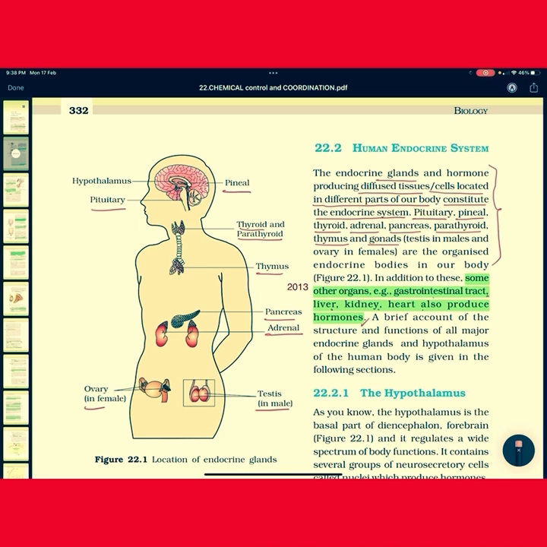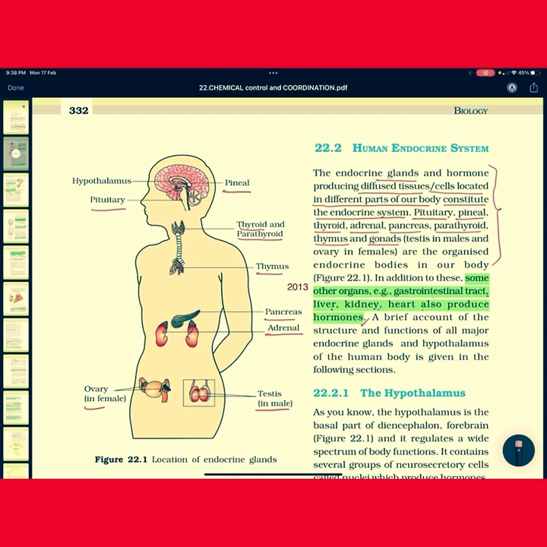So the kidney performs filtration of the blood and nitrogenous waste, as well as producing hormones. Hence this is unorganized, which does a dual function: the main function is one thing, and the secondary function is producing hormones. Hence this comes under unorganized.